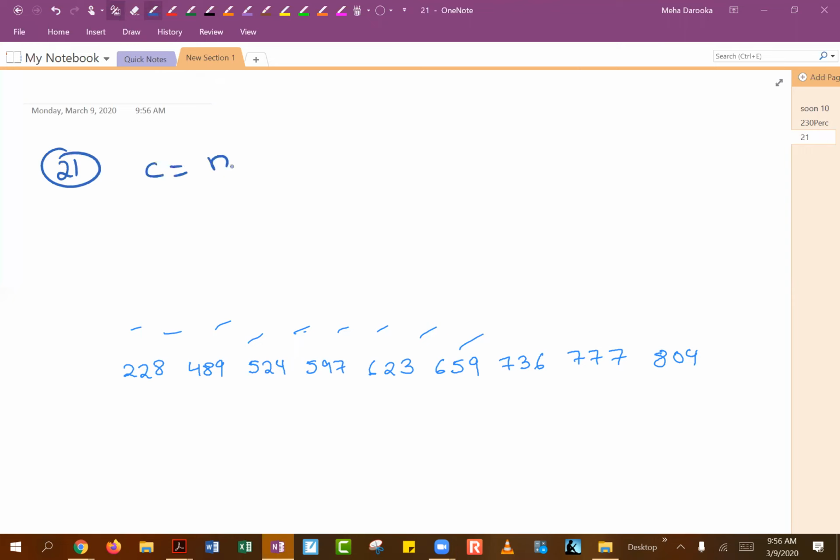So the first thing you are going to do is find your C value. That's 9 total data values. This was again the 40th percentile. Divide that by 100, right? 3.6.